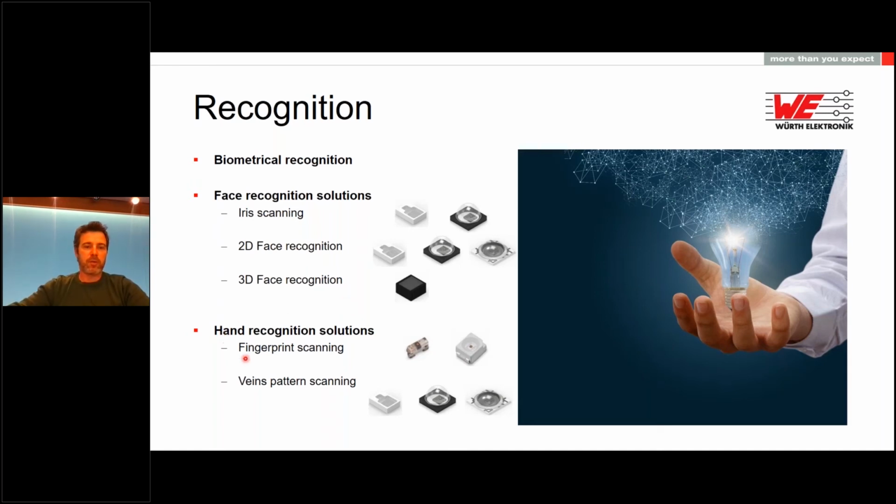On the other hand, we also have hand recognition solutions, where we have fingerprint scanning with different low power LED solutions, or vein pattern scanning, where we need a more in-depth view of the hand, and high power LEDs.